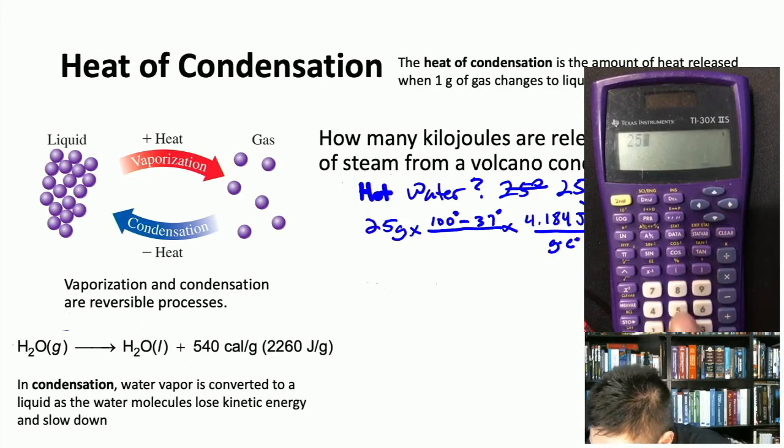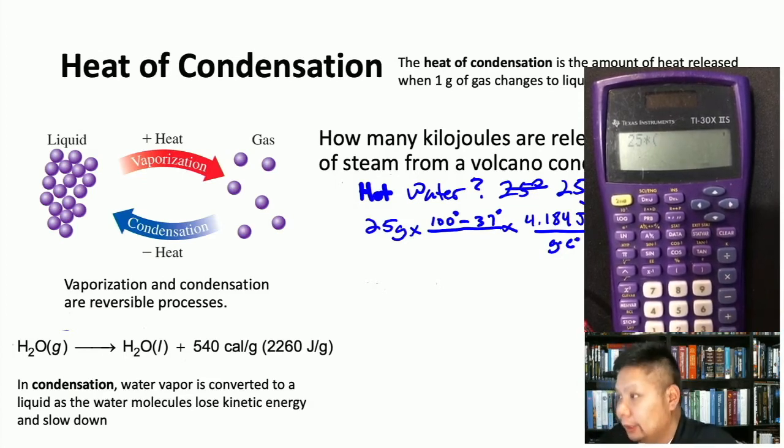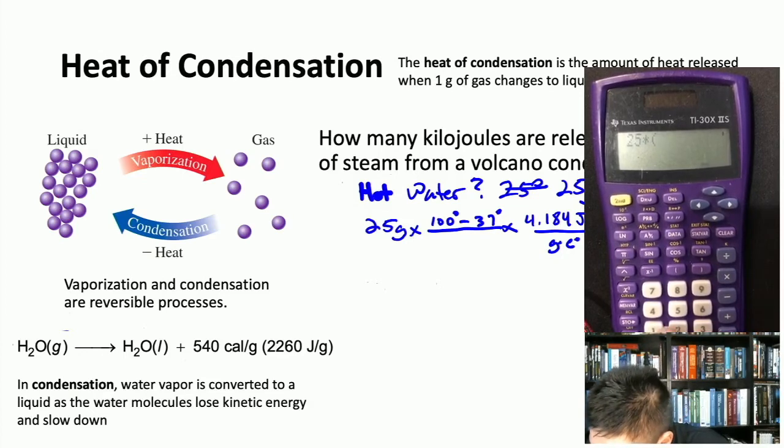So we have 25 grams times, again, another time when you need to make sure you have your order of operations correct, because you want to do the delta T, or change in temperature, first before you do anything else. So that's 100 in parentheses minus 37 degrees.